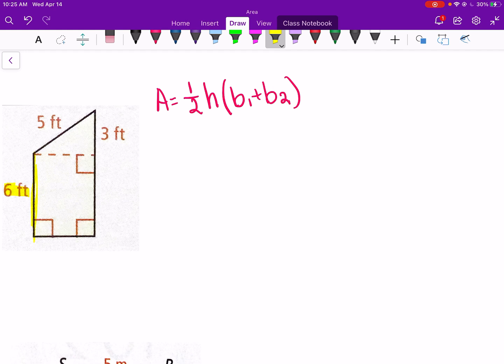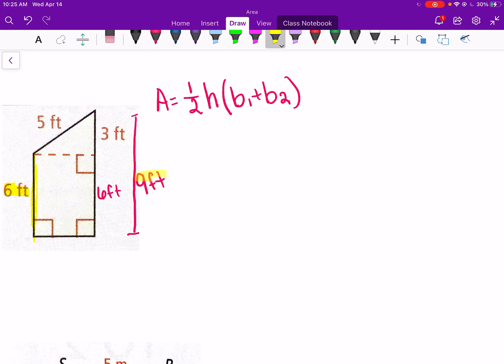Since this bottom figure is a rectangle, I also know that this length is 6 feet. But I want the whole base, which is this length right here, the other base of my trapezoid. And this length is 3 plus 6, or 9 feet.